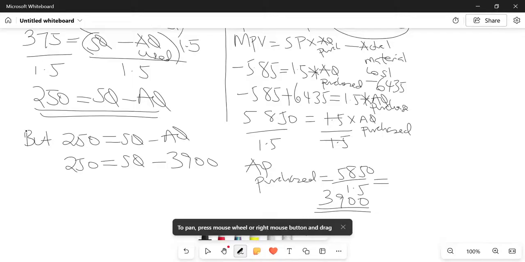So I can take this minus 3,900 to the other side. So it will be 250 plus 3,900 equals SQ. So SQ at the end of the day will end up giving us 4150.